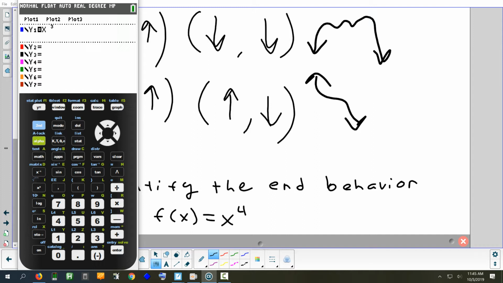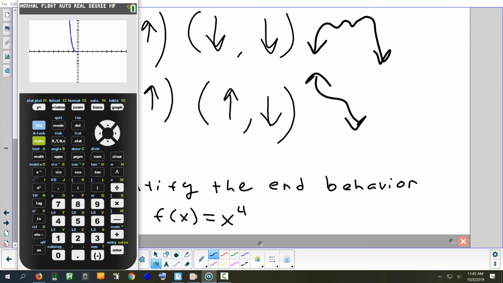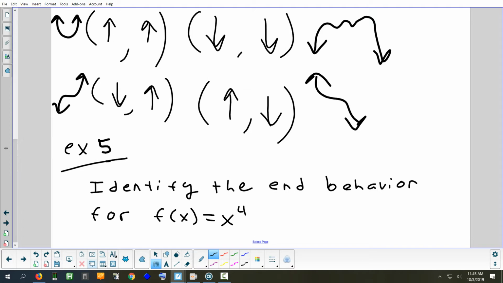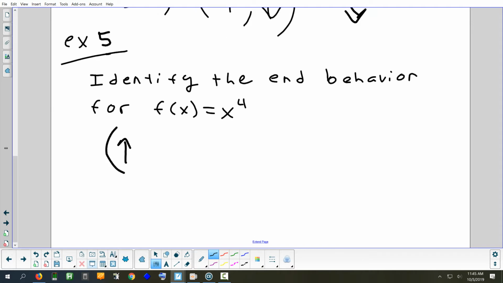Okay, so I'm just going to change the 3 to a 4. What's the end behavior? Yeah, up, up. It's one way to say it. Up on the left, up on the right.